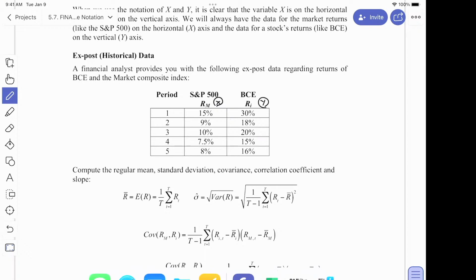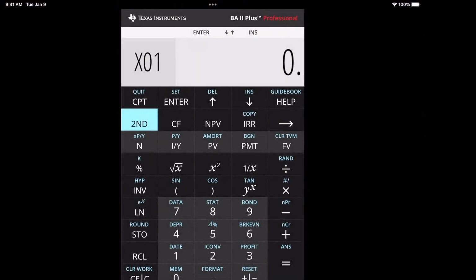All right, so back to our calculator. Let's put this data in our calculator. You kind of know how to do it, right? Do you want to put in 0.15 or 15? Let's put 15. 15, enter, and then arrow down. Now it asks you for Y. Now you're going to put 30, enter, down. Now it's going to ask for the next pair.